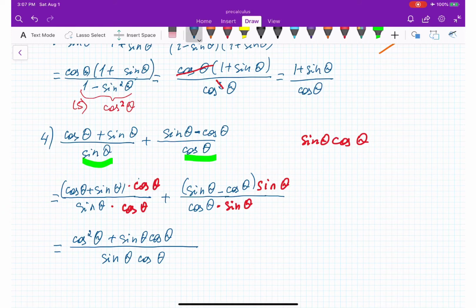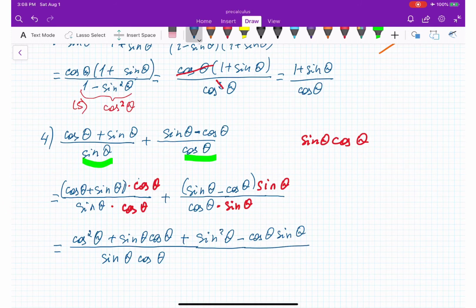All right, next we are doing plus. Now next one, sine theta times sine theta will be sine squared theta, and then negative cosine times sine, we will get minus cosine theta times sine theta.